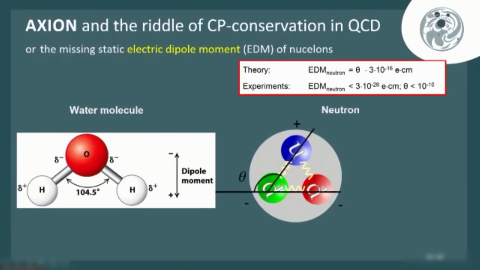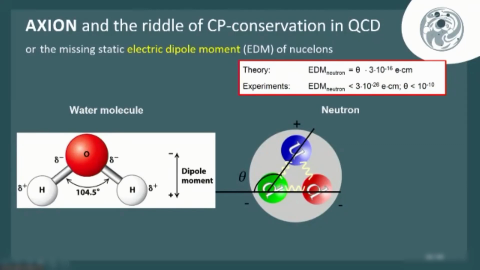Theory can tell you that the electric dipole moment of the neutron is proportional to this angle, the angle between the quarks. You can calculate that. That is a proportionality angle to amount of electric dipole moment. Experiments, though, tell us, after very careful measurement, that the electric dipole moment of the neutron is very, very close to 0.